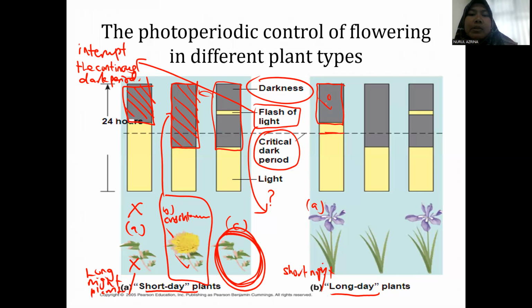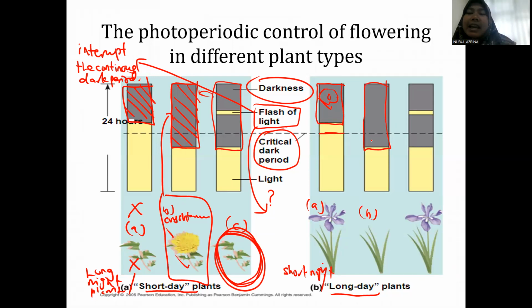That's why it is flowering. But experiment B, when it is exposed to a continuous dark period that is longer than the critical period, it will not flower. So this shows it is a short night plant, or long day plant.